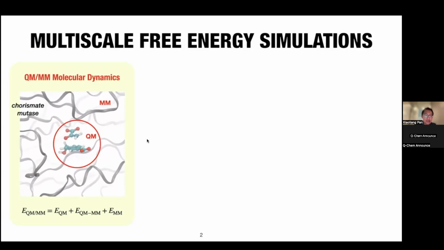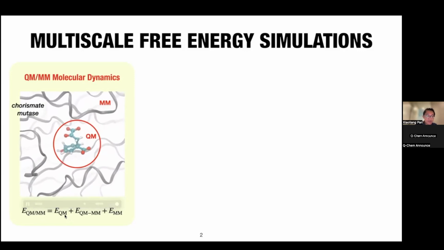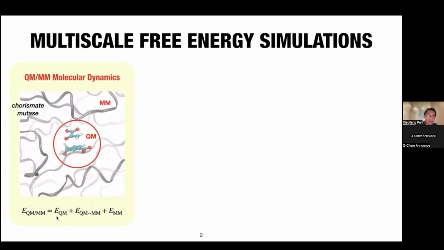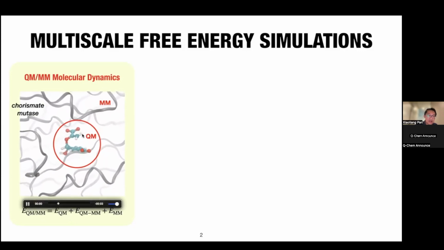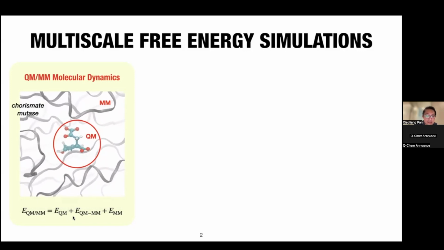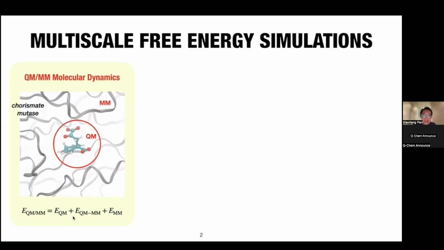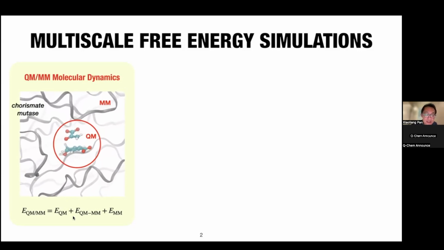By using QM/MM, we only need to use QM, since this is the expensive part of the calculation, to describe a small portion of the whole system. This will make this kind of calculation achievable. Also, we want to use free energy simulations instead of just simple energy pathway calculations.